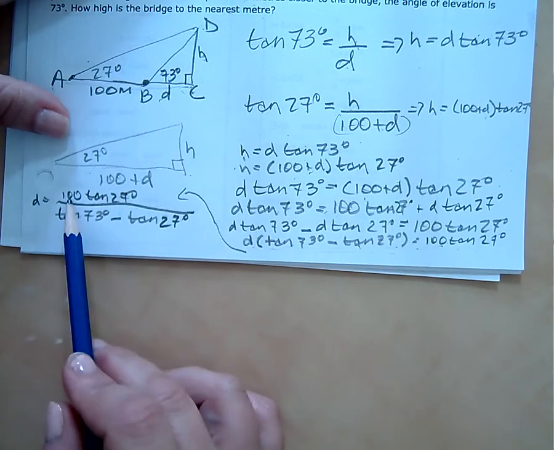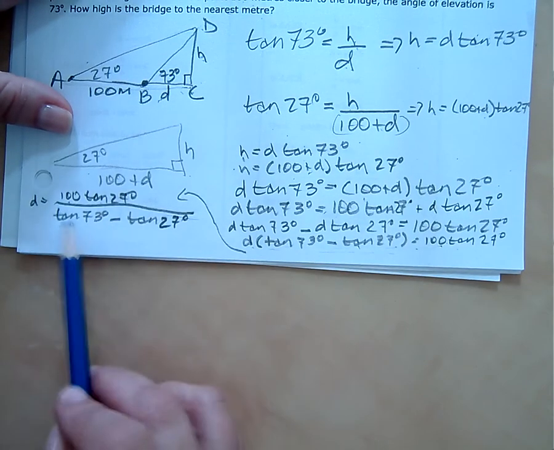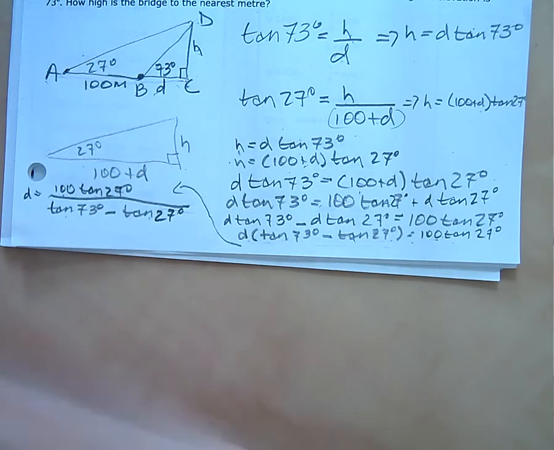So I've got 100 tan 27 all over this minus this. And now I have to punch it into my calculator. So let's see, what do I have here? Remember, not difficult, but long. You're doing exactly what you've done before, just bigger numbers and it's busier. But the concepts are all the same.